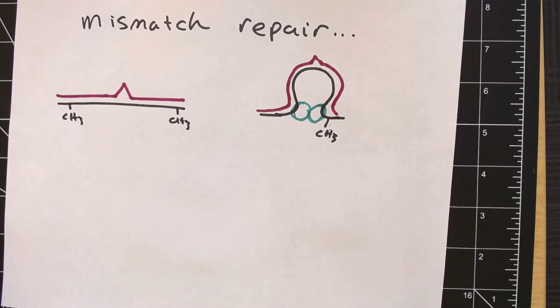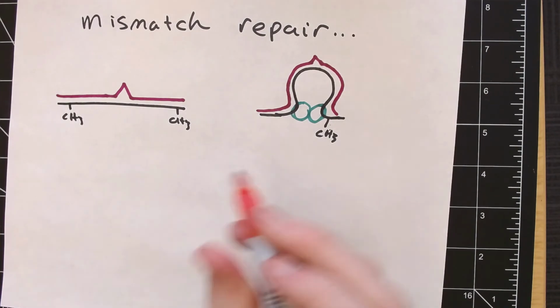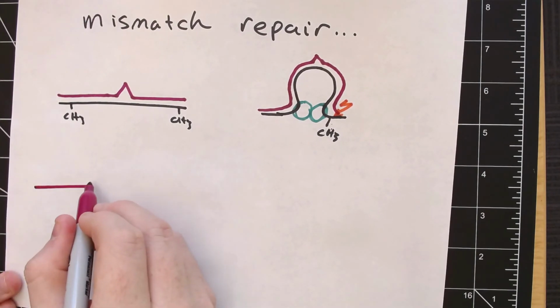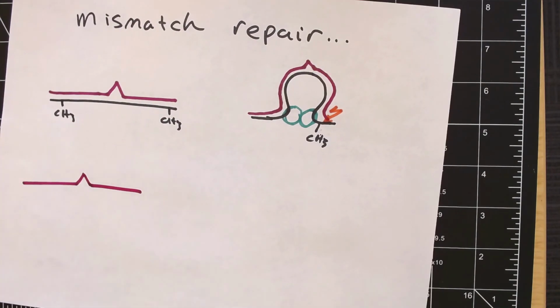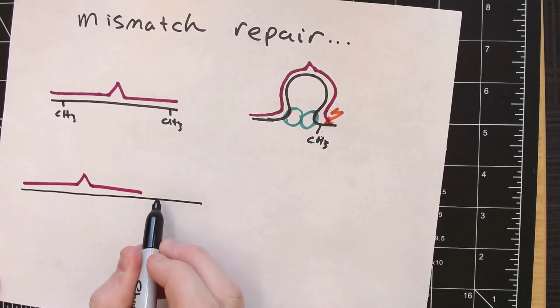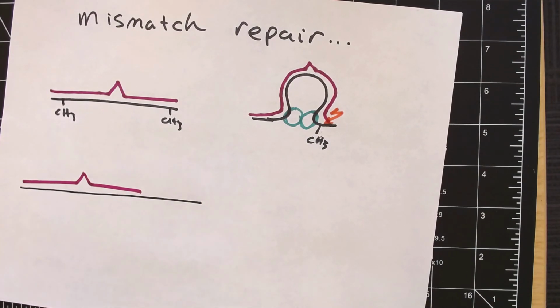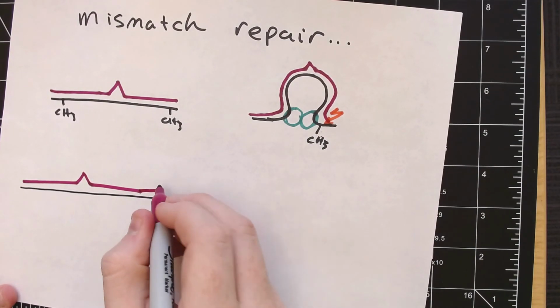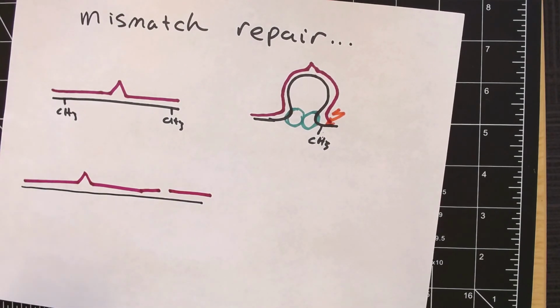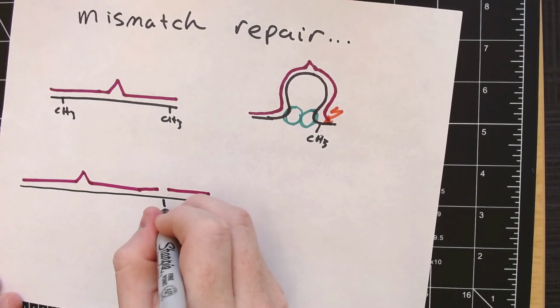And at that point, they're going to cleave at that location. And this will result now in the daughter strand being nicked in this location. Whoops. So we've got a nick here at the site where the methyl group was.